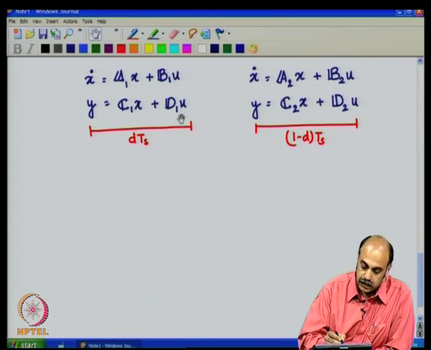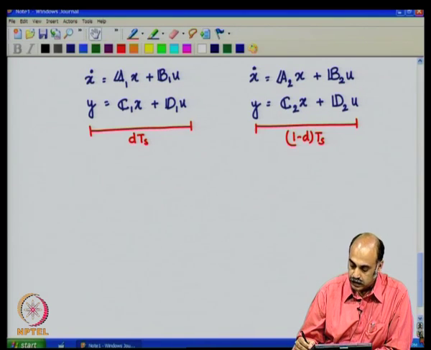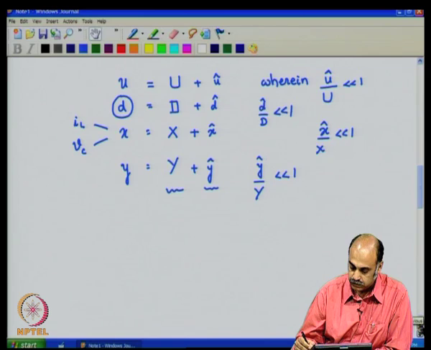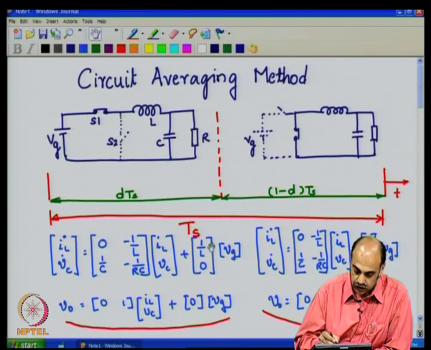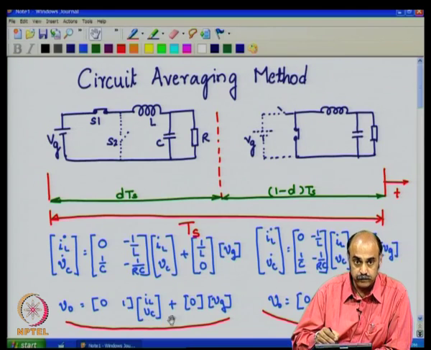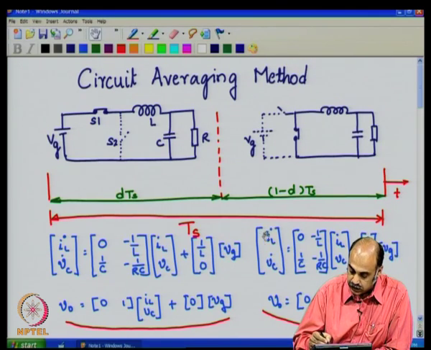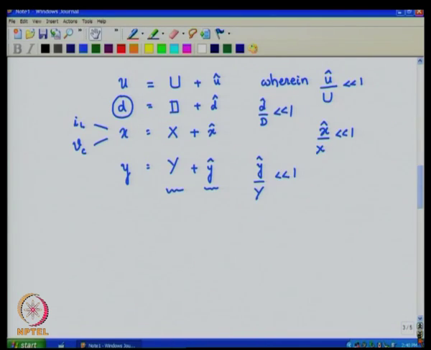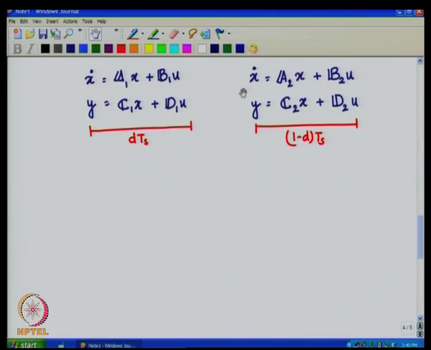And remember that this portion is nothing but this state equation and the output equation put together, and the state and output equation during 1 minus dTs has been indicated like this with the subscripts A2, B2, C2, D2.